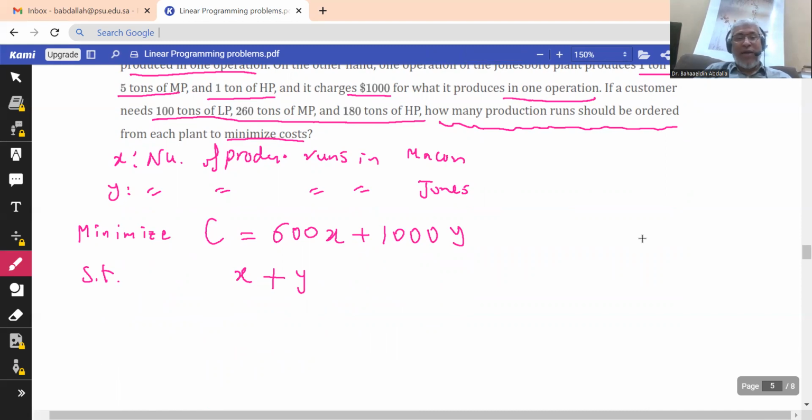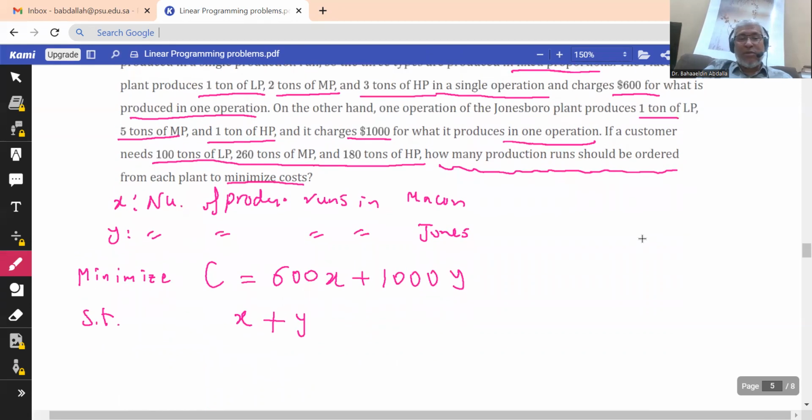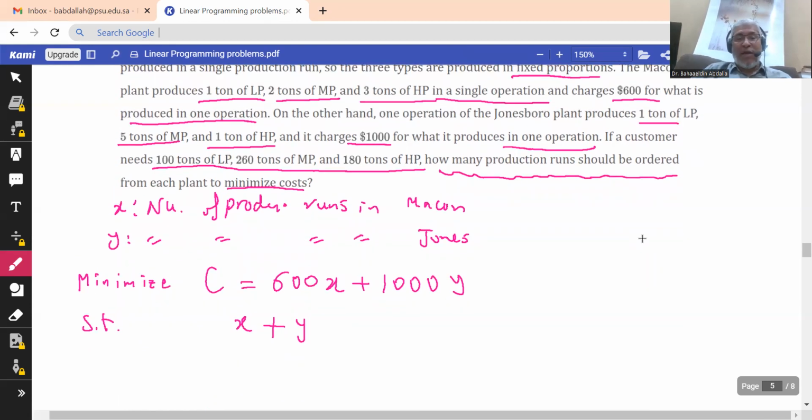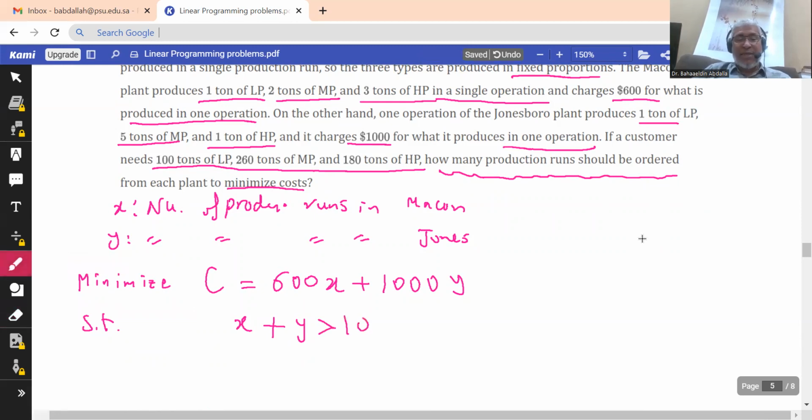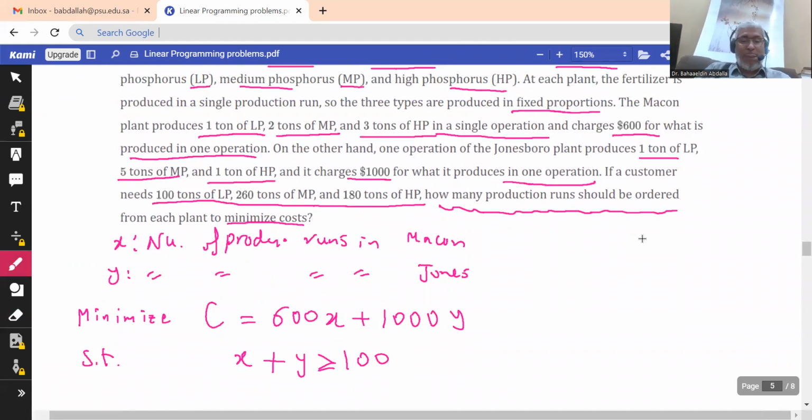I need 100 tons of LP, so X plus Y should be greater than or equal to 100, because at least I need 100. No problem to produce more, because I need to give the customer what he wants.